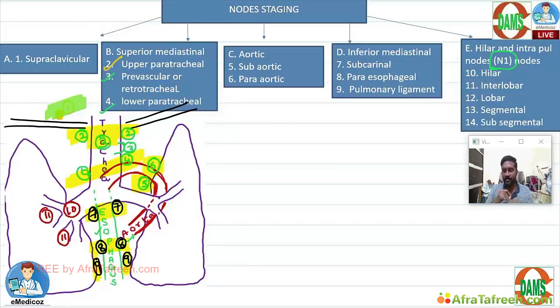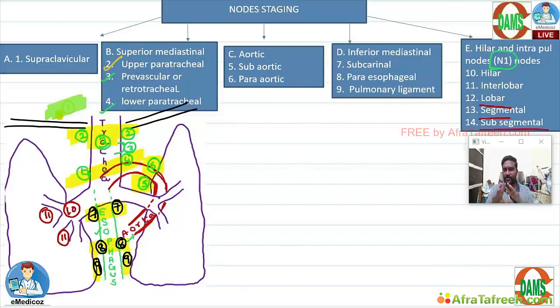Within the lobe we have lobar lymph nodes, and still deeper within the segments we have segmental lymph nodes, and at the subsegmental level we have subsegmental lymph nodes. On a CT scan you can generally see up to lobar and interlobar; segmental and subsegmental are a bit difficult. These are the important groups of lymph nodes: supraclavicular, superior mediastinal, aortic, inferior mediastinal, hilar, and intrapulmonary nodes.